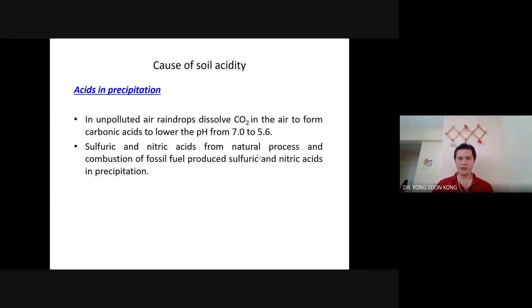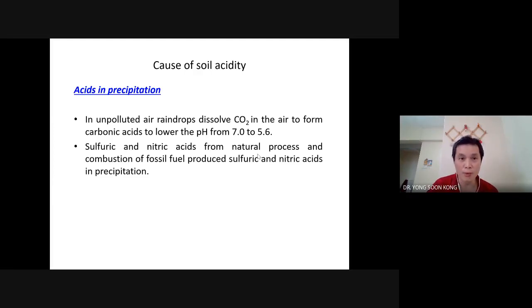Okay, now before I move on to the last cause of the acidity, actually in urban areas like in Klang Valley, most of the soil in Klang Valley actually having a soil pH of 3 to 4. It's quite acidic. Reason because of the cars and the factories that we have in the urban area. So that is the source of those nitrogen oxide and sulfur oxide.